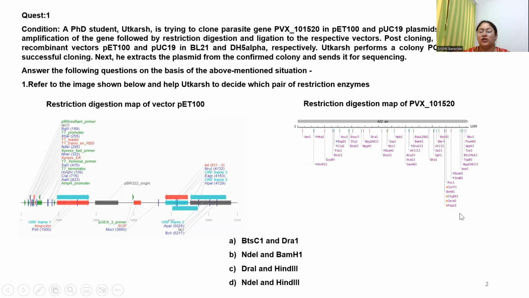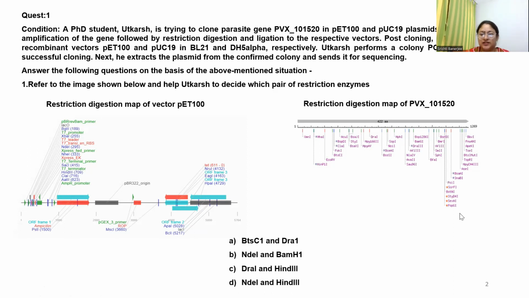For the first question, all of you can read and then I'll explain also. It's mostly about cloning a parasitic gene in two different vectors. What are vectors? Also known as plasmids. Plasmids are vectors, useful in carrying the gene of interest into your target cell.